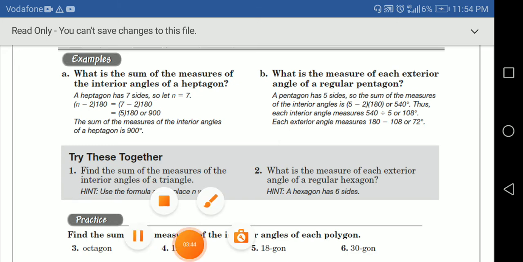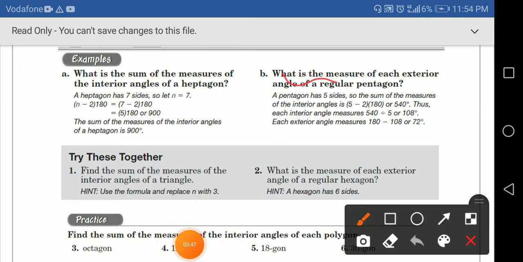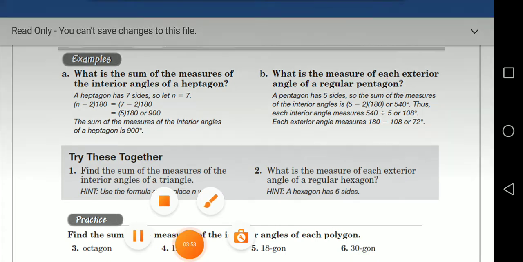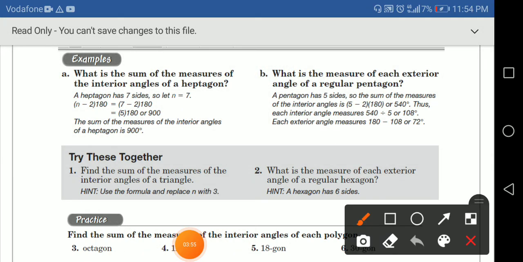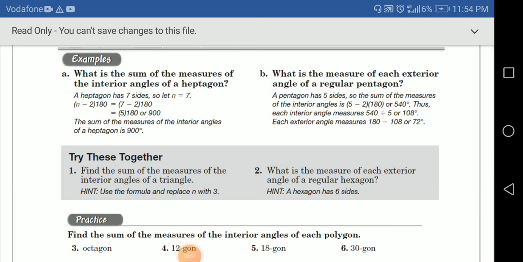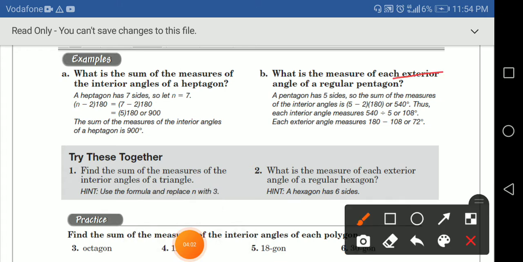I have another question: what's the measure of each exterior angle of a regular pentagon? This is another rule that I have to know. I'm going to calculate the exterior angle of a regular pentagon.